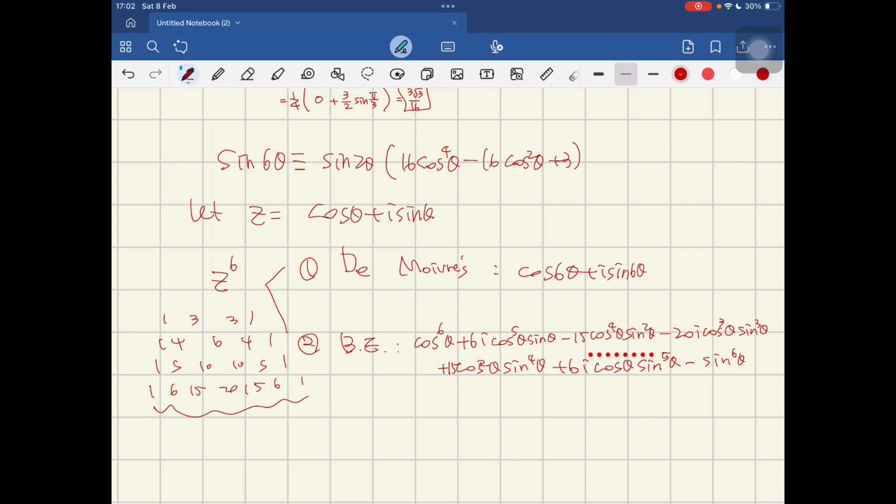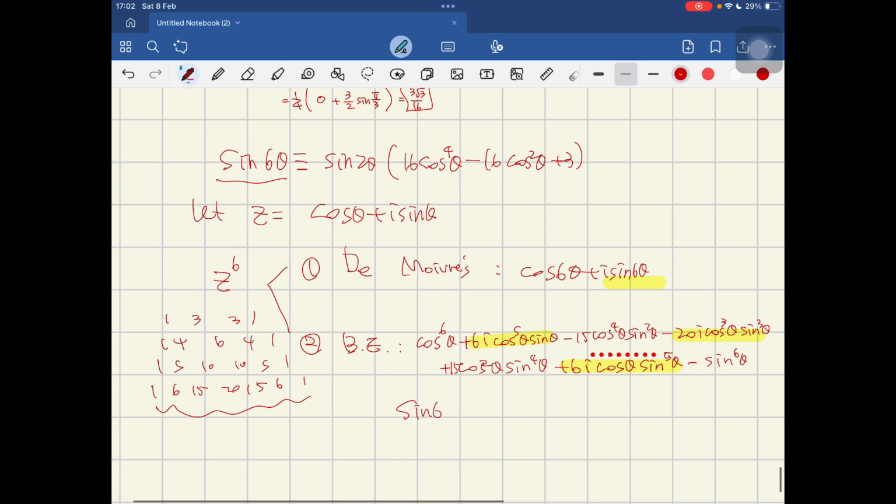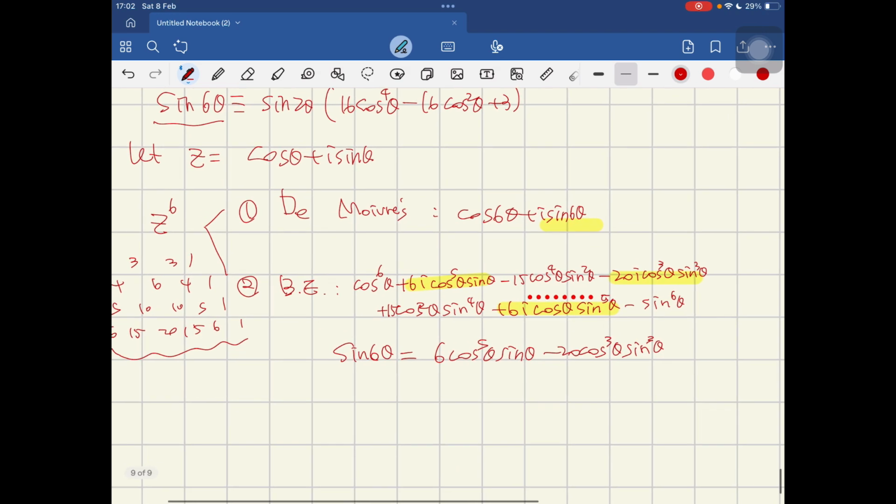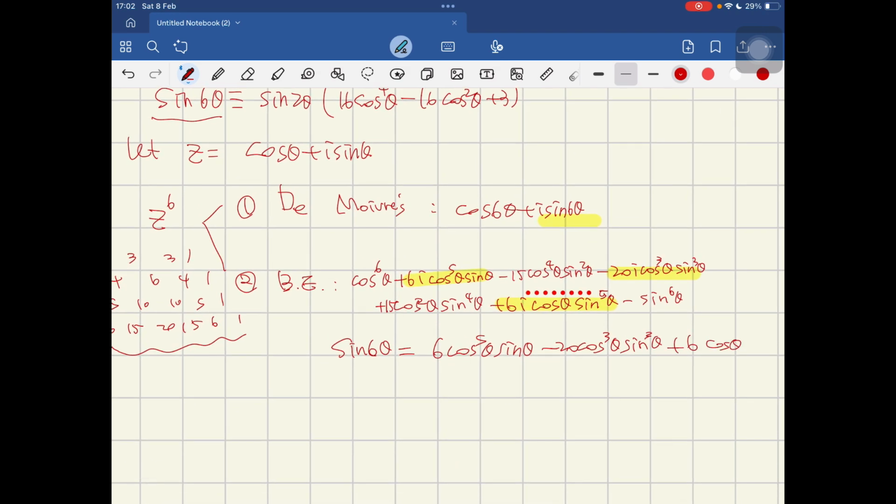Now we want to express only sine 6 theta, so it's the imaginary part. So sine 6 theta becomes 6 cos 5 theta sine theta minus 20 cos cubed theta sine cubed theta plus 6 cos theta sine 5 theta.